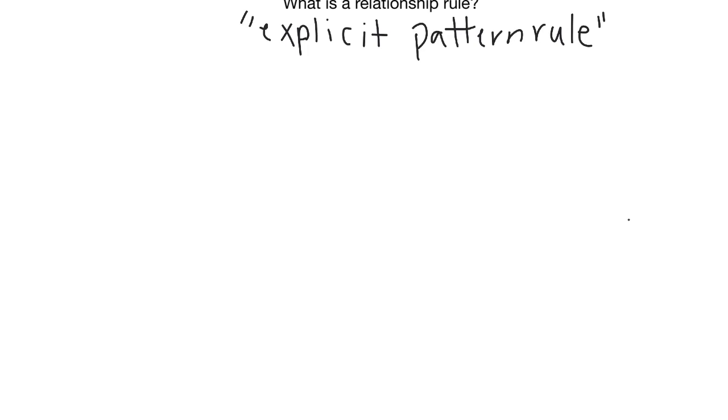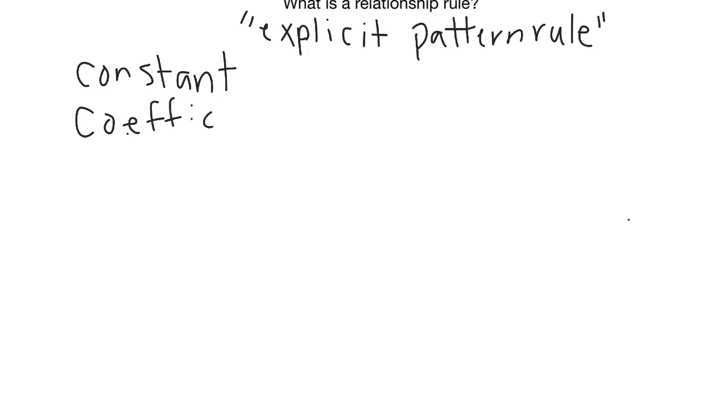All right, so what we're going to do to figure that out is we have to remember back to when we talked about what the constant was and what the coefficient was.